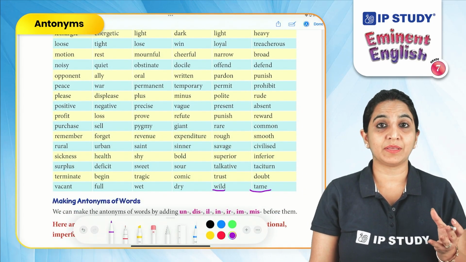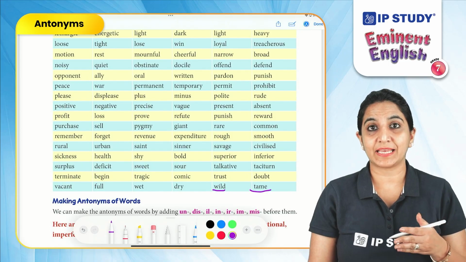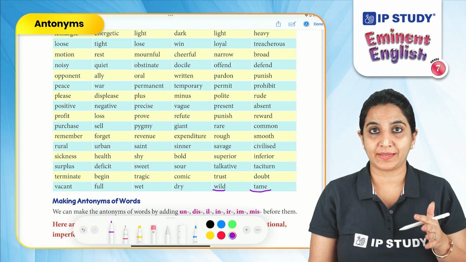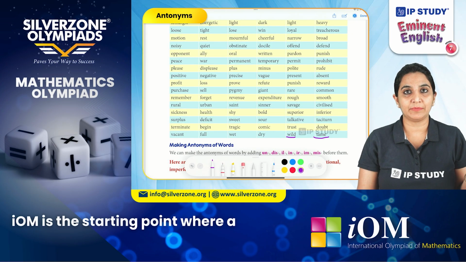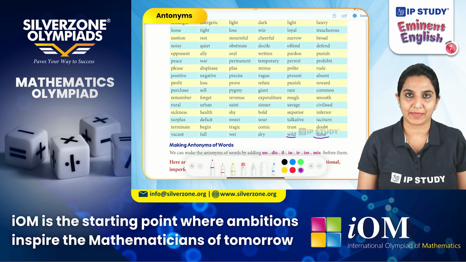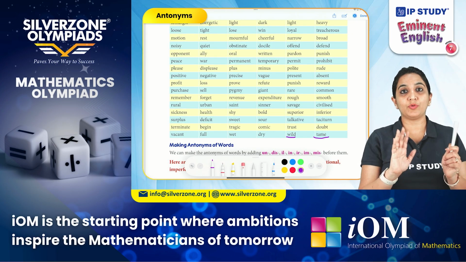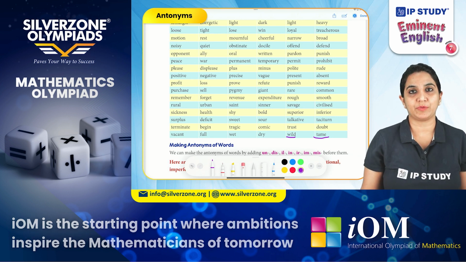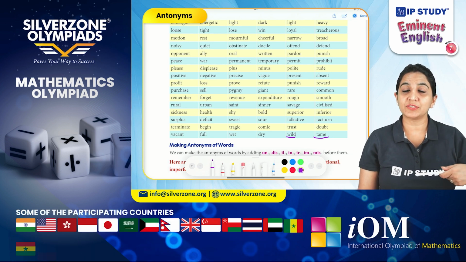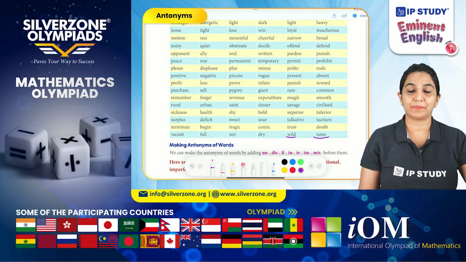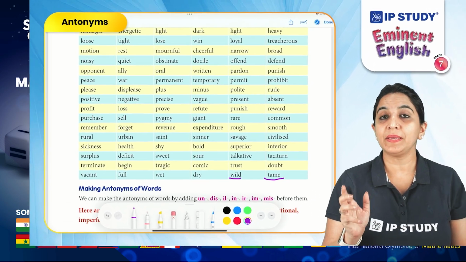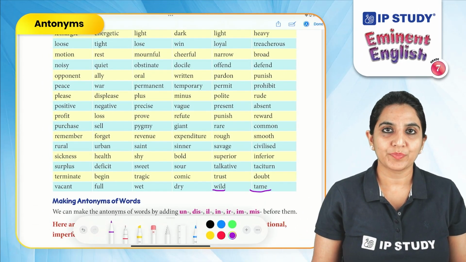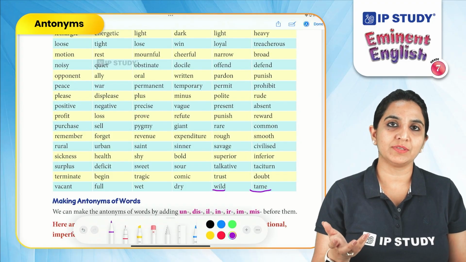Wild means something which is uncontrolled, and tame means which you can tame or pet, like in the case of animals. A lion is a wild animal, but cats can be tamed. That means they both are very different from each other. A lion wants to roam freely because he's a wild animal, but a cat can be tamed, can be kept as a pet at home. So this is how you use antonyms.